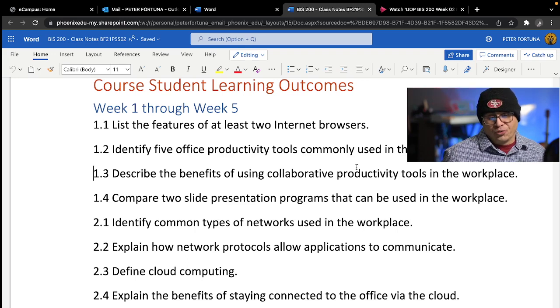So 3.2 and 3.3 kind of work together because since so much of that is done off-site now, 3.3 says describe the benefits of using collaborative productivity tools in the workplace, with the understanding that the workplace now is pretty much everywhere. So why would they want to collaborate? Because of what we just said. They're doing work everywhere.